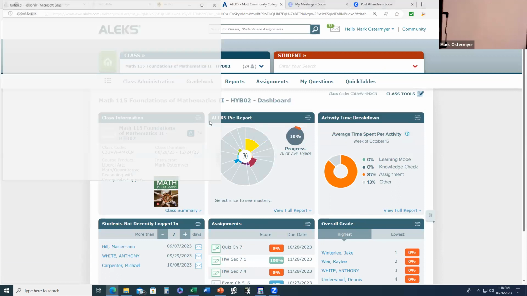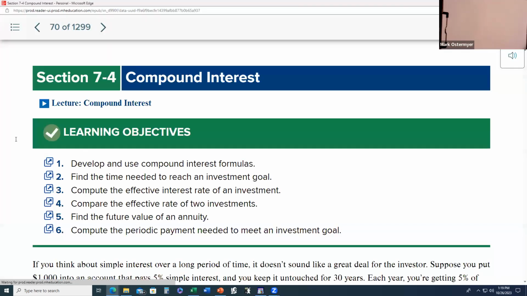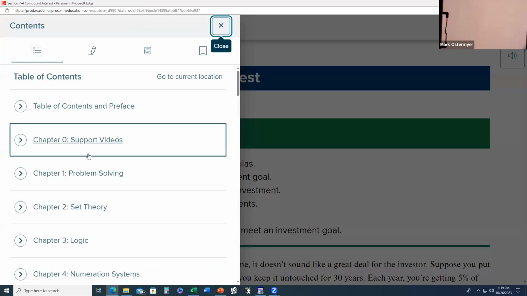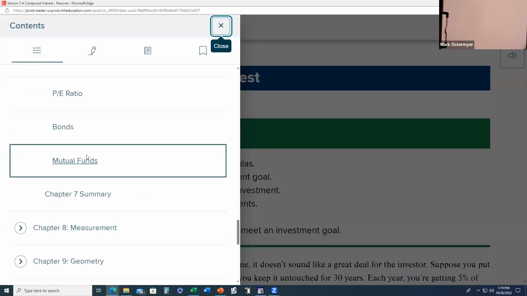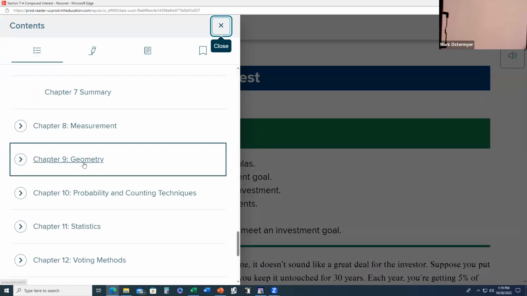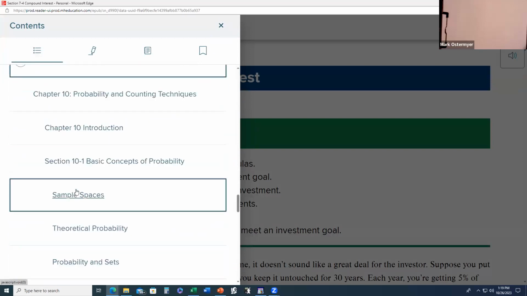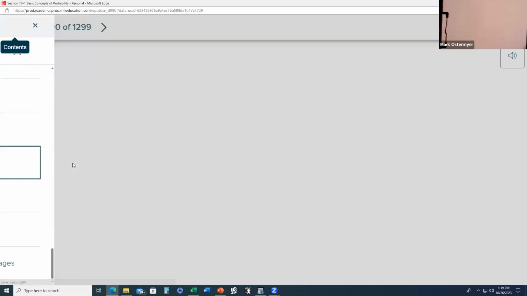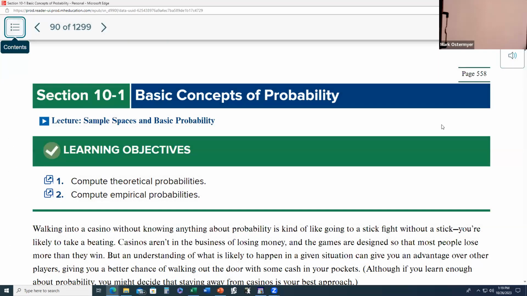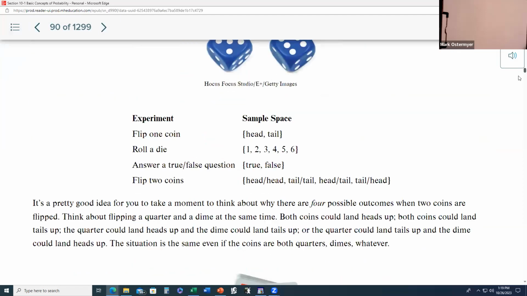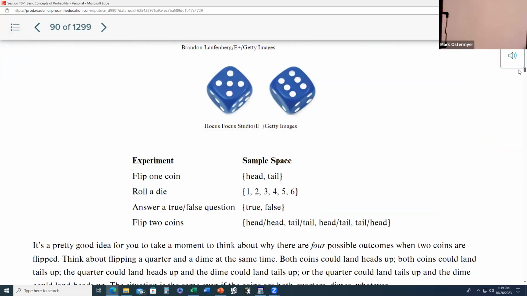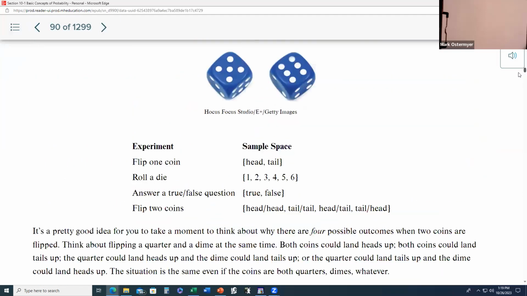Let's see if we can have some fun with our textbook here. We're in section 10.1. We only did one classwork here, so we'll be adding on to this classwork. And as always, please take the time to look through some of these examples.